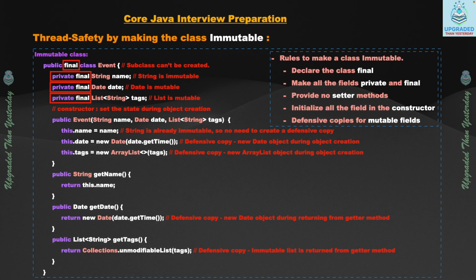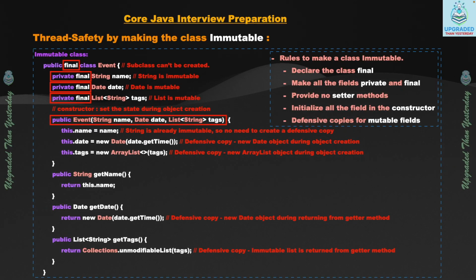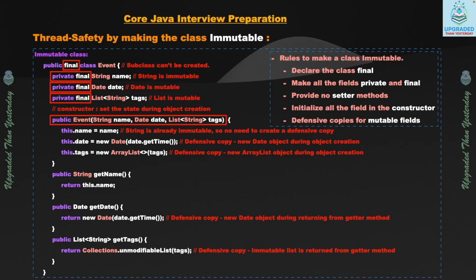Fourth rule, use constructor to initialize the fields during the object creation. In this class, constructor is initializing all 3 fields. Fifth rule says, create deep copy or defensive copies for mutable fields during the field initialization and returning from the getter method. Look at the first field, which is name.